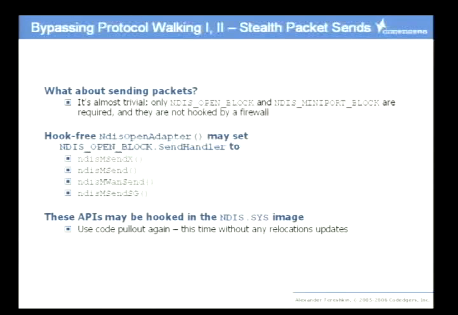For the first two solutions, packet sending is trivial because all our structures, like the open block and the protocol block, are not hooked by a firewall. So we may use pointers from these structures, and we may be sure that these pointers are not hooked by a firewall.